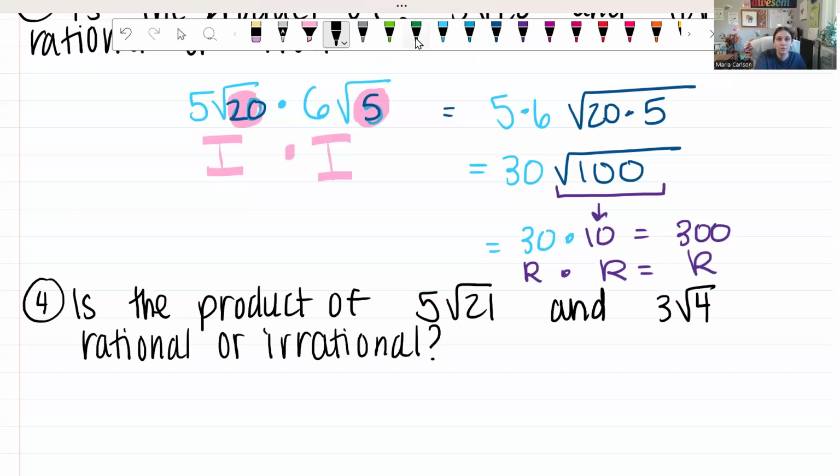All right, again, product means we are going to be multiplying these two numbers. So 5 square root of 21 times 3 square root of 4.